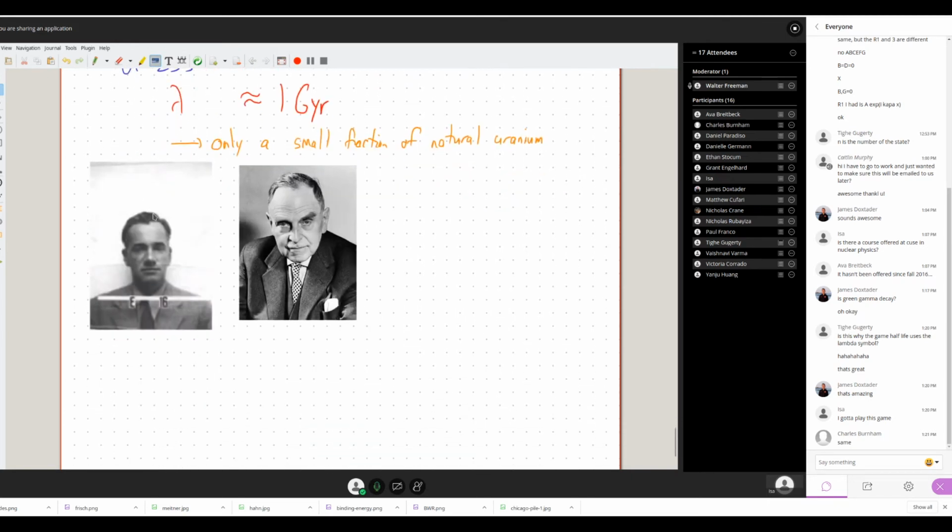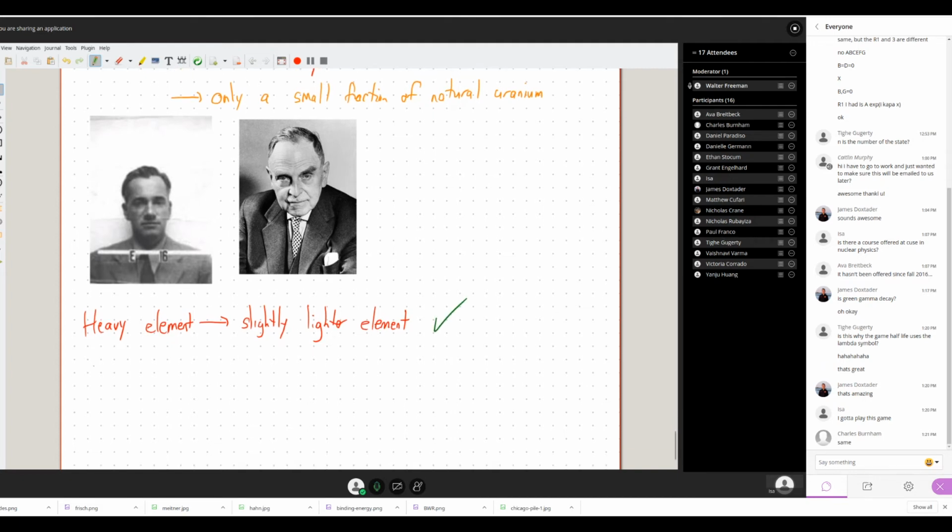So we were in the position of heavy element goes to other heavy element to slightly lighter element. That we understand well.